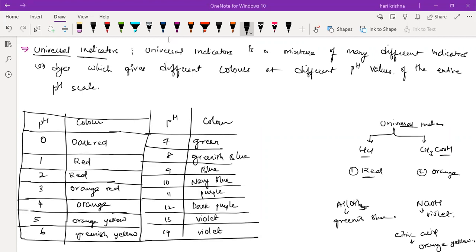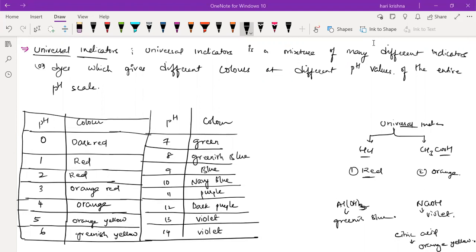So 7 is neutral, right? Whenever you take the indicator, it will be in the neutral state. When you add it to the substance, it will change into either an acidic or basic medium. But while storing, they store it in the neutral form. So neutral is what? Green color, right? So universal indicator is also a green colored solution.